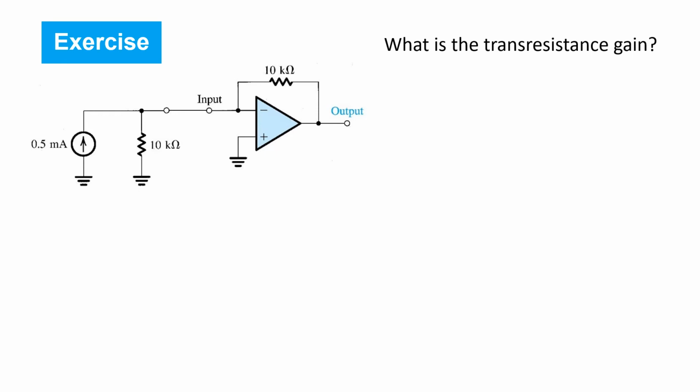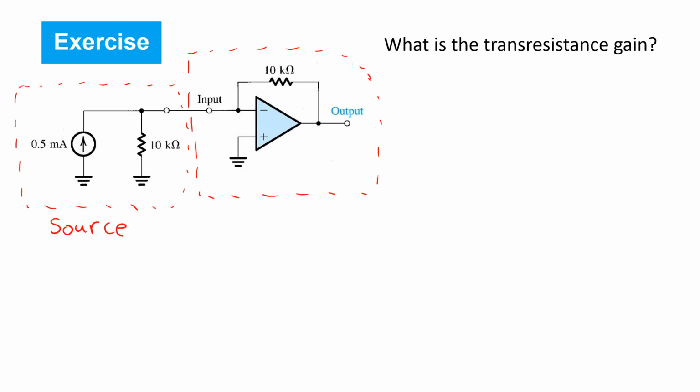Here's an op-amp configuration that's similar but not identical to the inverting configuration that's worth analyzing. So the amplifier itself is here, and we've connected to it in this exercise a source modeled by its Norton equivalent, a current source of 0.5 milliamps, with a source resistance of 10 kilo ohms on the left.